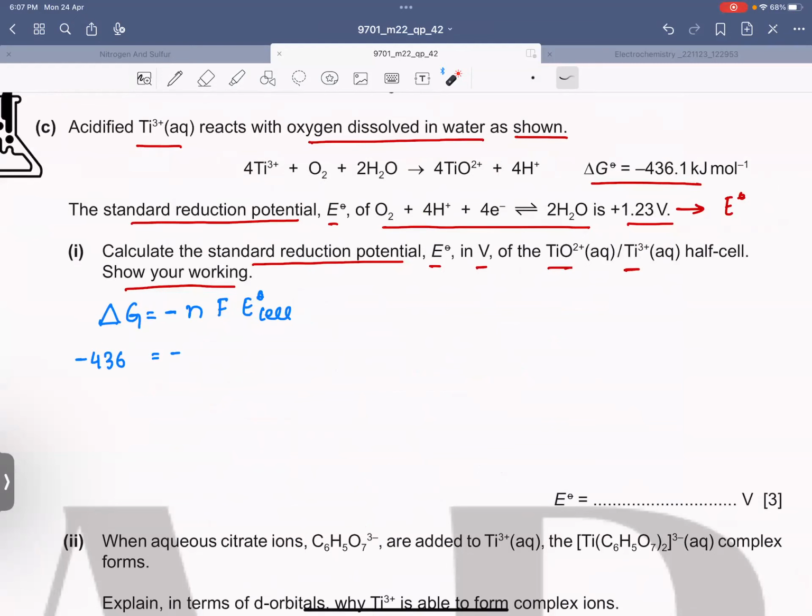So we are provided with the 436. Now the number of electrons here, I have 4 electrons over here.